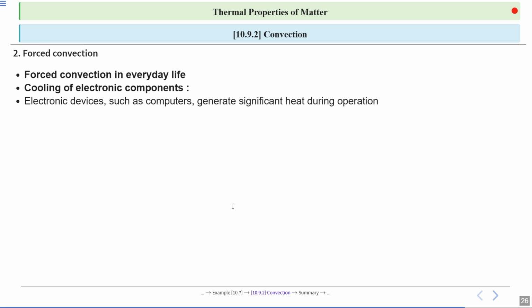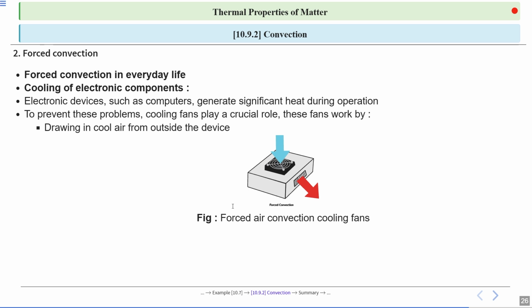Electronic devices such as computers generate significant heat during operation. To prevent these problems, cooling fans play a crucial role. These fans work by drawing cool air from outside the device. This one is forced air convection.